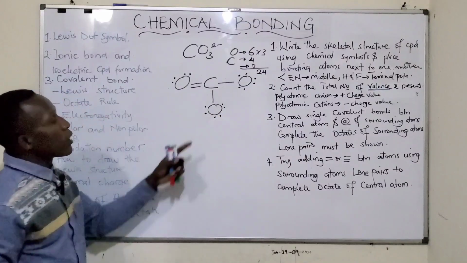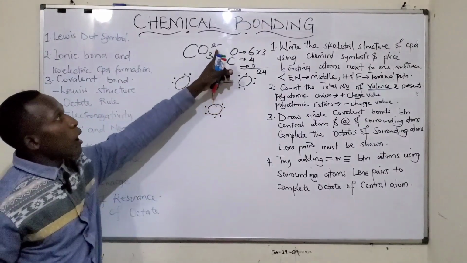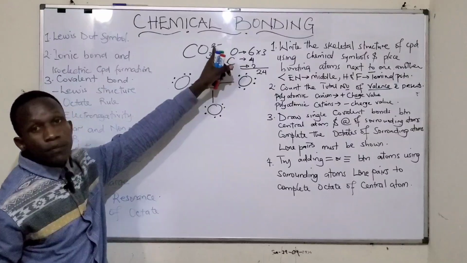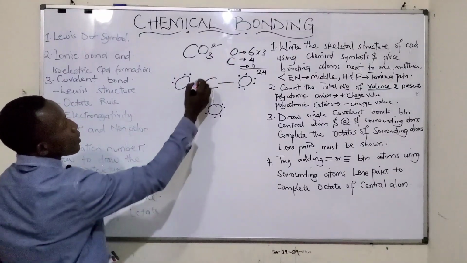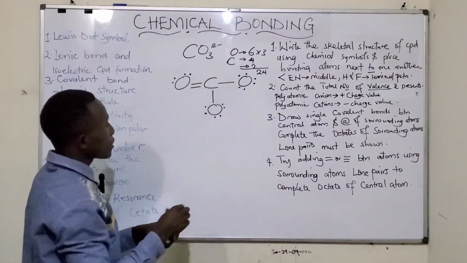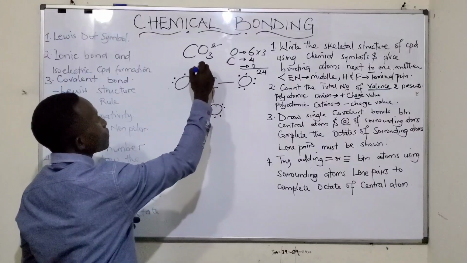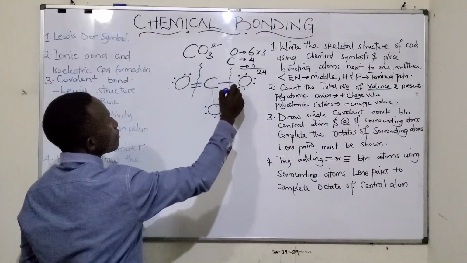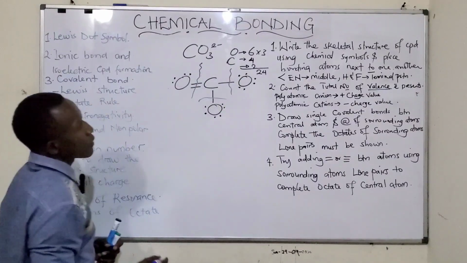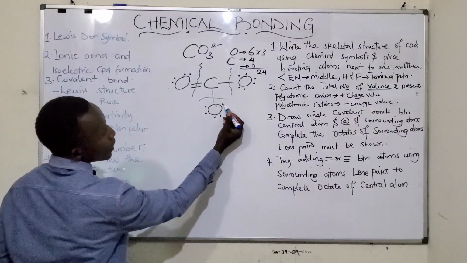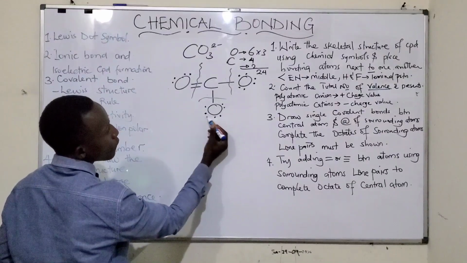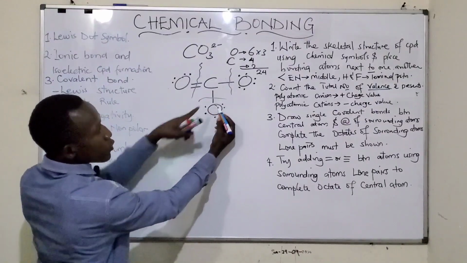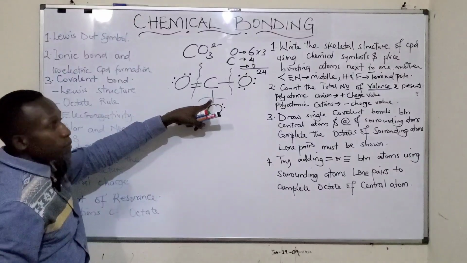But now, how can we put this minus 2? When you try to divide this, this oxygen is surrounded by 1, 2, 3, 4, 5, 6 plus 1 electron, which it contributed.